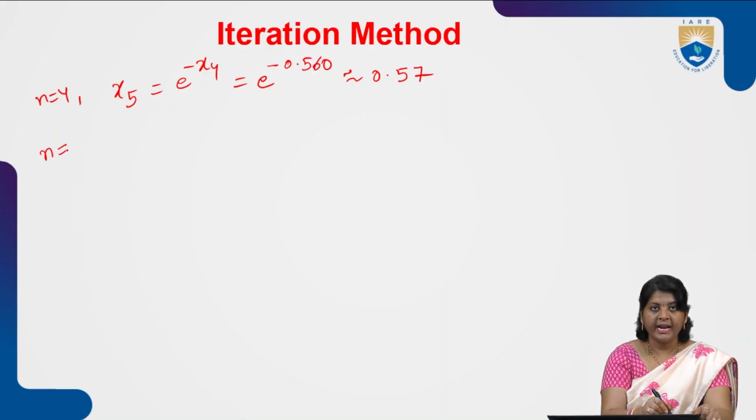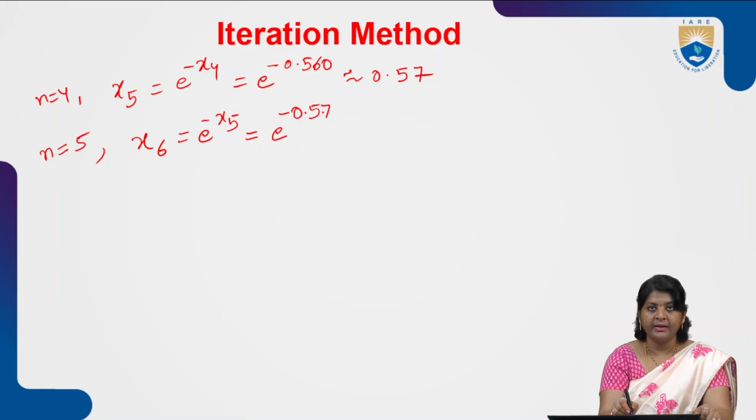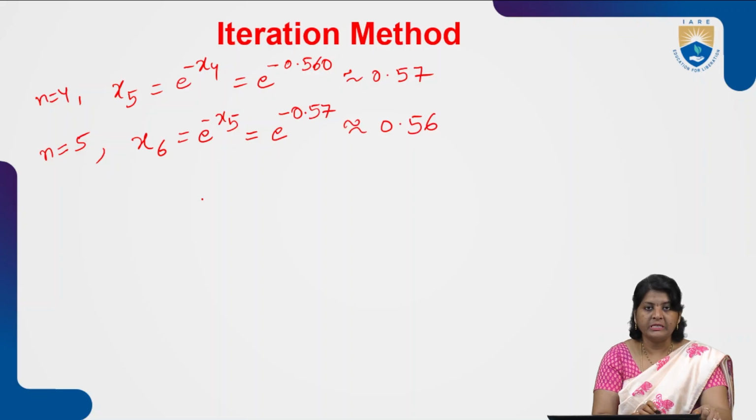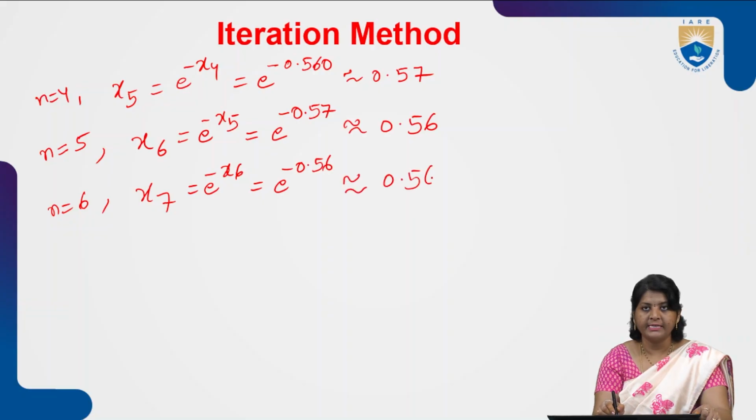Similarly, for n is equal to 5, x6 is equal to e power minus x5, which is equal to e power minus 0.57, which is approximately equal to 0.56. Here I am going to consider only 2 decimals. Now n is equal to 6, x7 is equal to e power minus x6, which is equal to e power minus 0.56, which is approximately equal to 0.56.